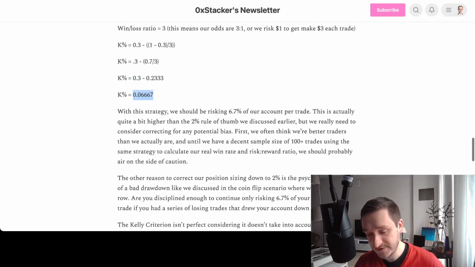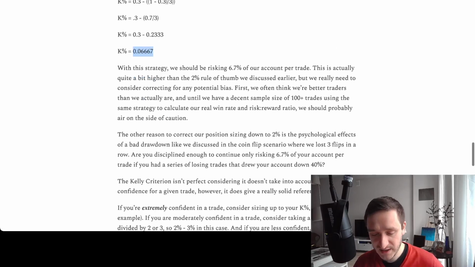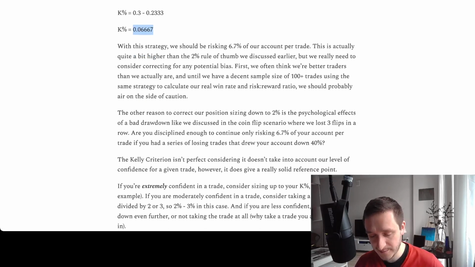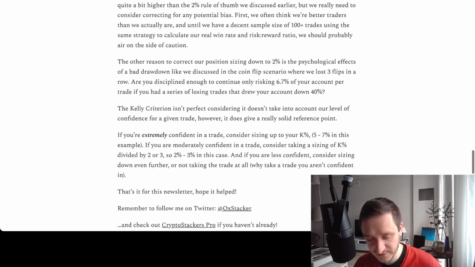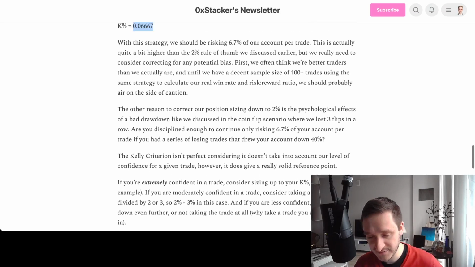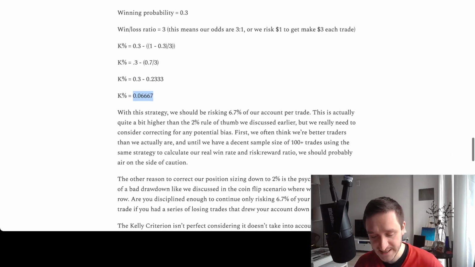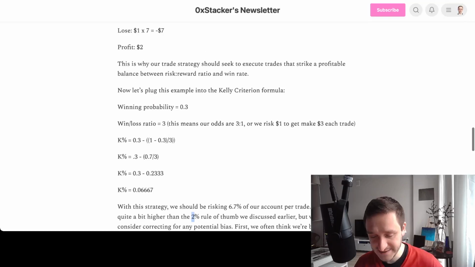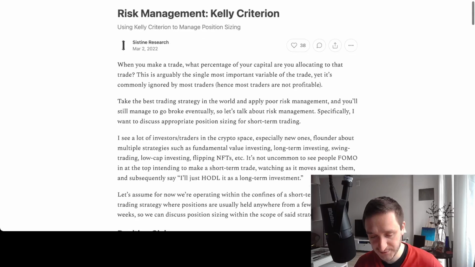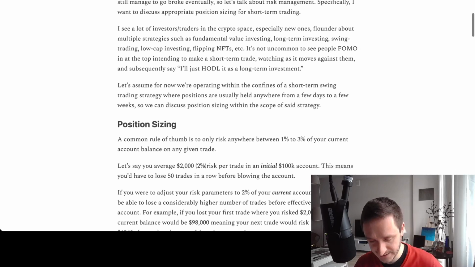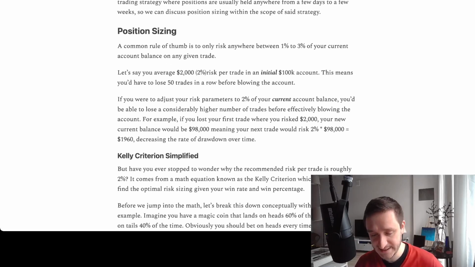Now, the author here argues that 2% is the rule of thumb because if you start playing around with those kinds of numbers and high conviction plays, this might be something that is worth looking at. So basically, he tries to convince you that 2% risk per trade is great if you can win big enough.